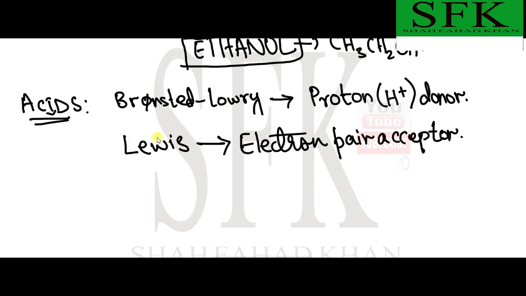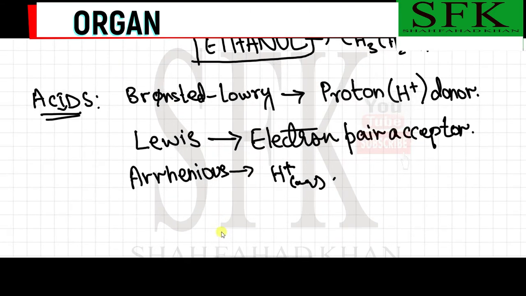And the third definition is according to Arrhenius: any substance that dissociates in aqueous solution to produce H positive ions is an Arrhenius acid. So these are the three different definitions of acids.